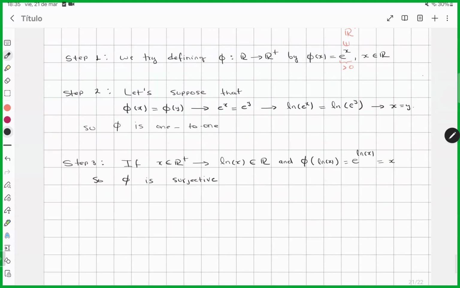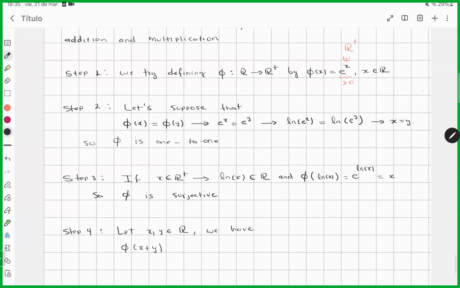Okay, as a step 4, we should prove that this phi satisfies the homomorphism property. So let x, y be two real numbers. We have that phi of x plus y is by definition e to the x plus y.